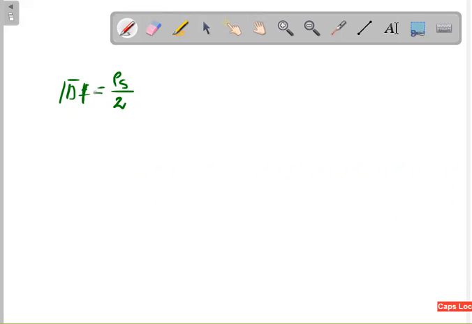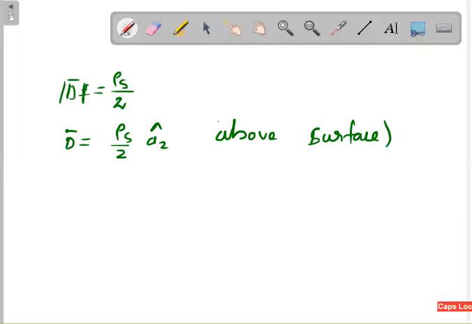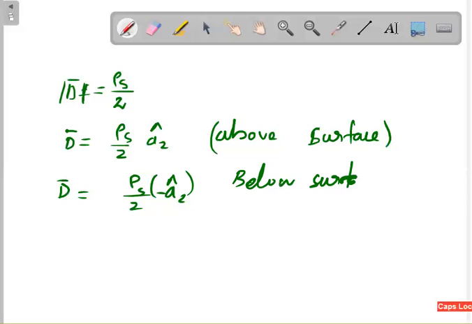Now, what is the D bar? D bar is equal to rho_s by 2 a_z cap, above the plane. If you are interested in a point above the surface, this is the answer. Or if your point is below the surface, rho_s by 2 minus a_z cap.